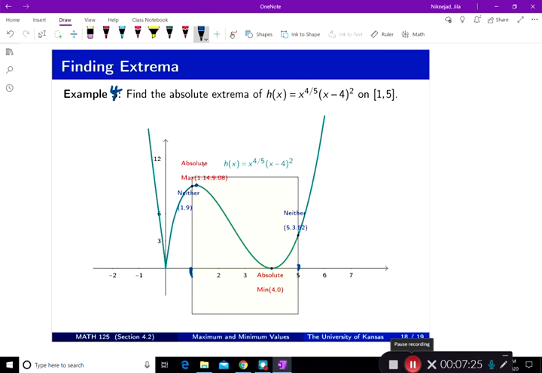The difference between that red point and the point next to it is so small, but that gives you the absolute maximum, and the absolute minimum is achieved right down here at 4. And these 2 points are neither absolute max nor absolute min.